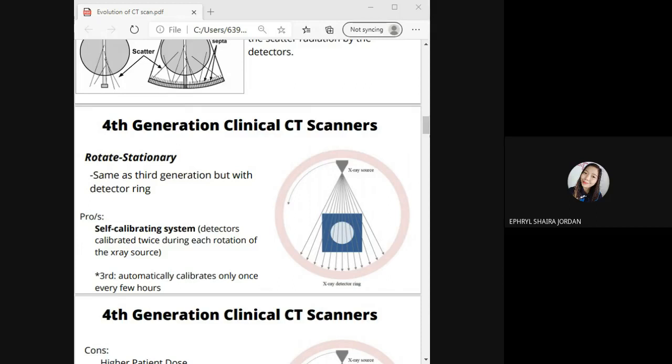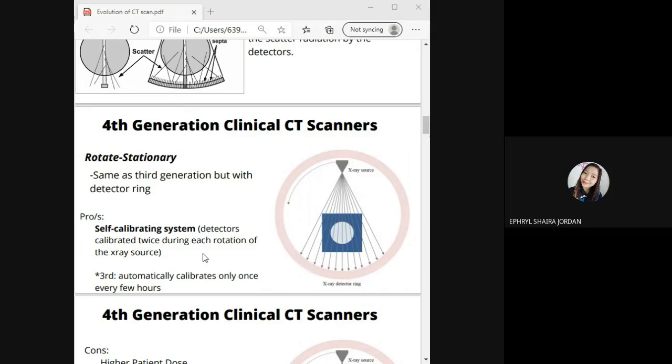So in contrast, the X-ray tube still rotates around the patient, projecting a fan of X-rays that sweeps the detector rings as the source rotates. So ang mechanism na ng fourth generation clinical CT scan is rotate stationary. So, yung X-ray source na lang ang nagro-rotate, yung ring of detectors is stationary kasi 'di ba provided na ang entire circumference ng iyong CT scan.